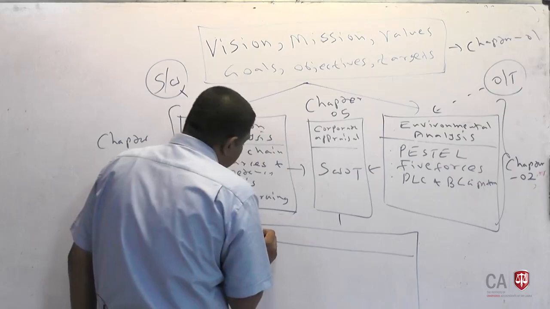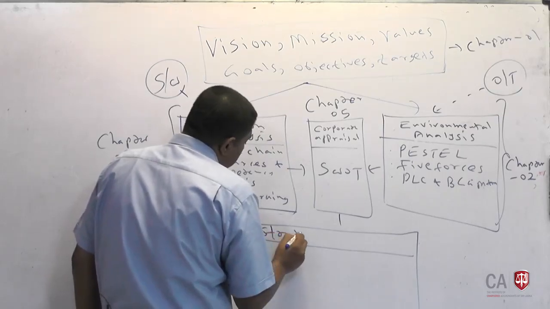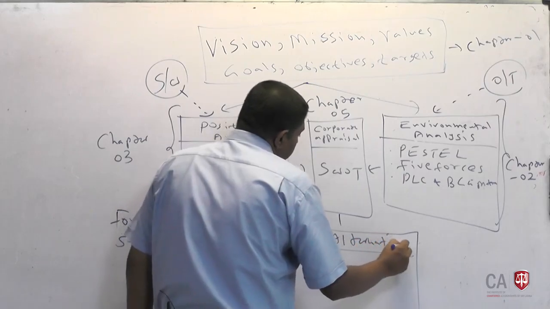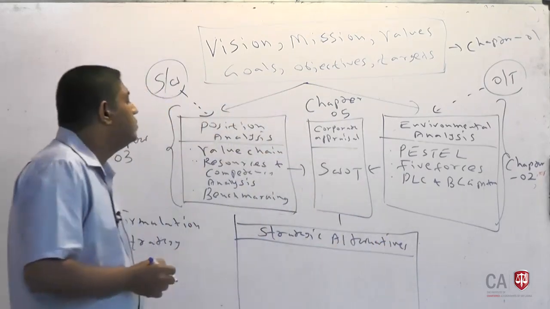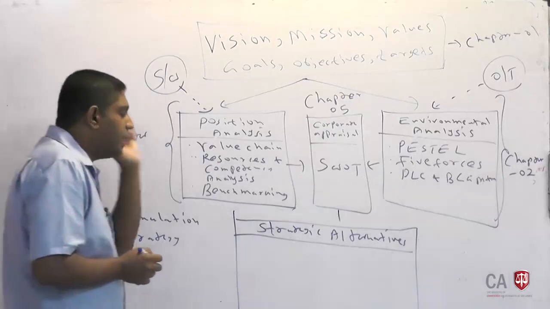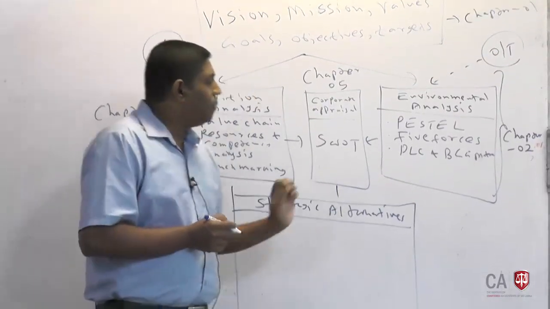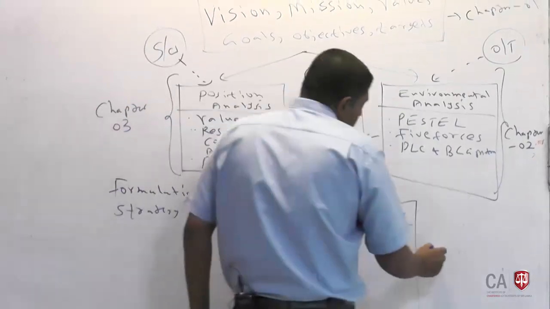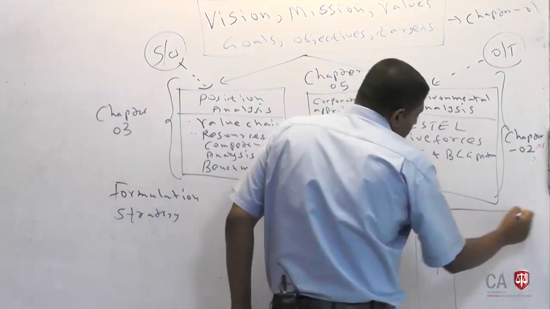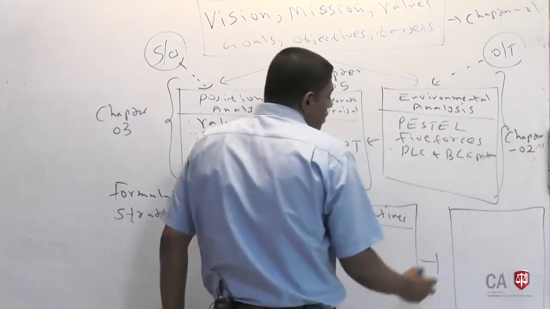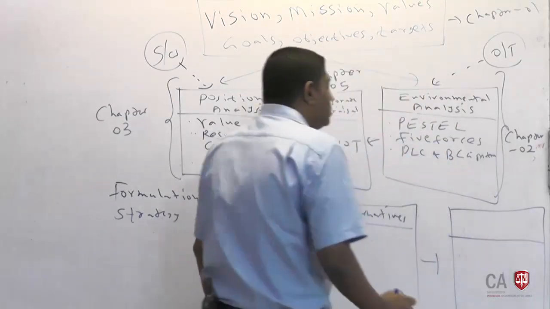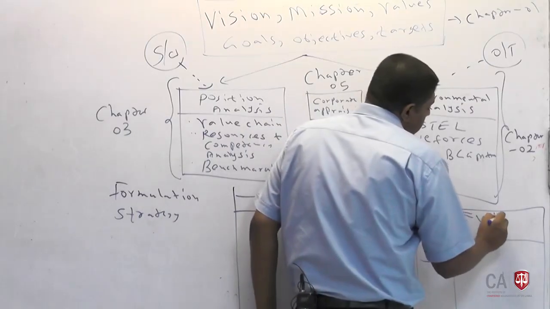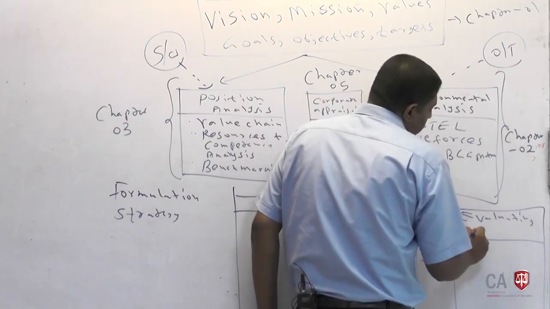First of all, we try to identify different strategic alternatives we can identify as possible strategies which can be applied for the organization. Then from these different strategic alternatives, we try to identify the best alternative by evaluating them. So, evaluating strategies.